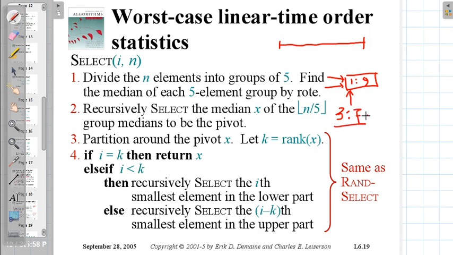So one side will always have 30%, and another side will have 70%. So it is better than the 10 and 90 case. Okay. So that's how this algorithm will be working fine.